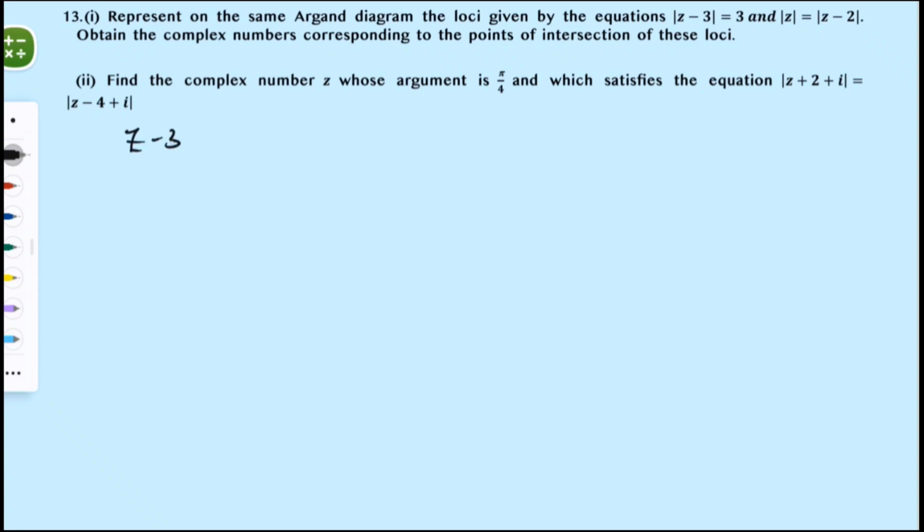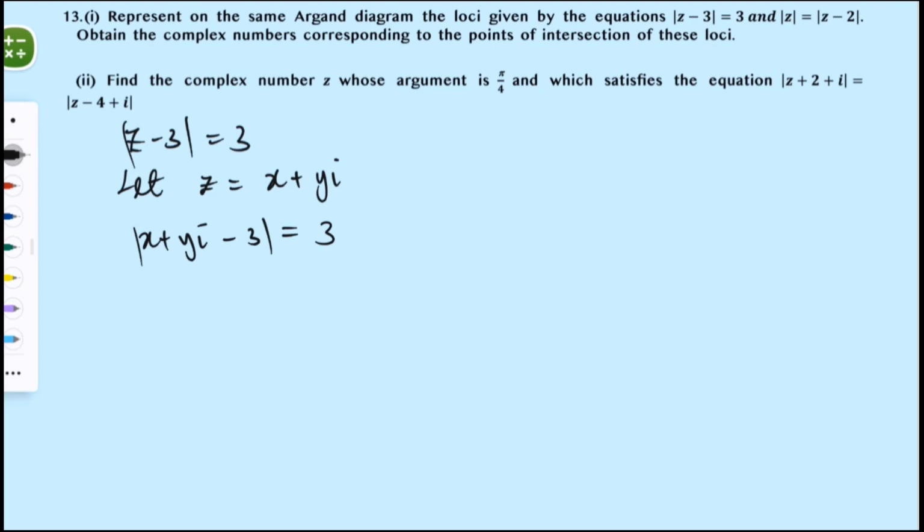|z - 3| = 3. So we can find the equations of each of the complex numbers. We let z be equal to x + yi. Substitute it in there: x + yi - 3. As you can see, it has only a real part, right?